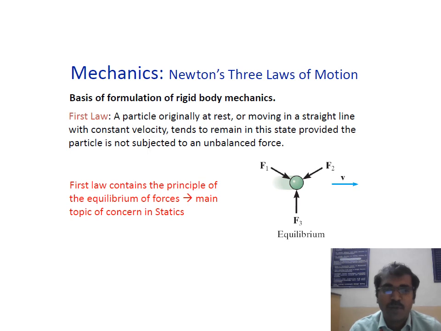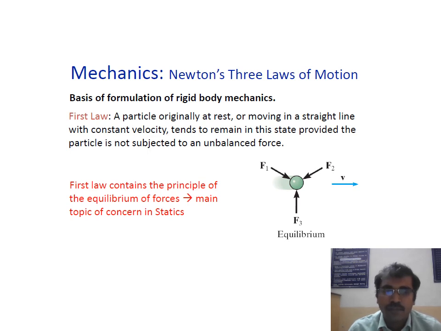Then we will move on to Newton's three laws of motion. The first law contains the principle of equilibrium of forces. The statement of the first law is: a particle originally at rest or moving in a straight line with constant velocity tends to remain in that state, provided the particle is not subjected to an unbalanced force.